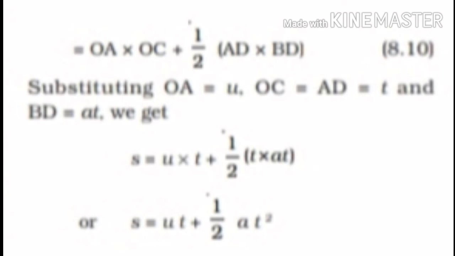The distance traveled by the object is given by s is equal to the area OABC, which is a trapezium: the area of rectangle OADC plus the area of triangle ABD.